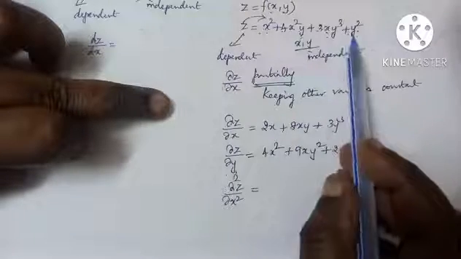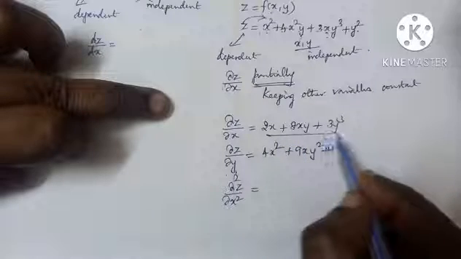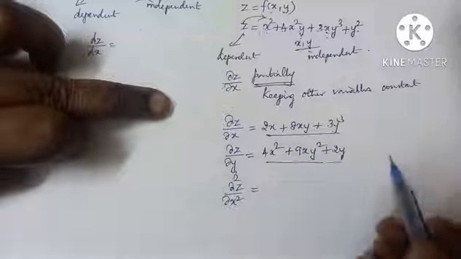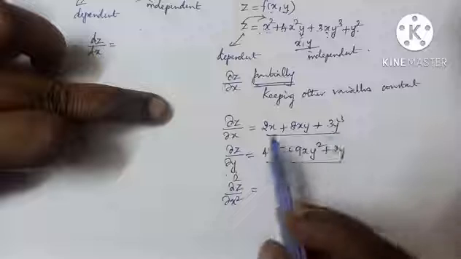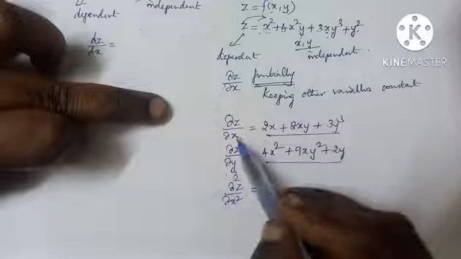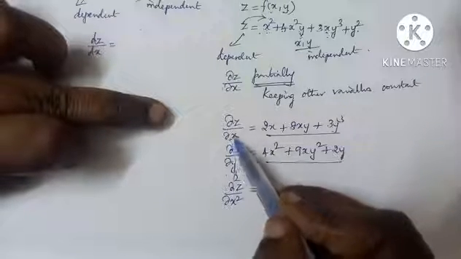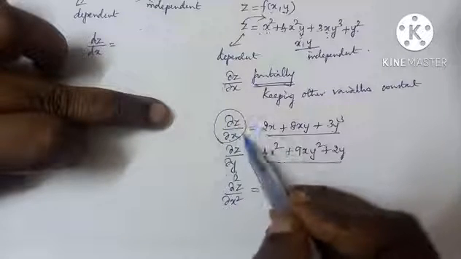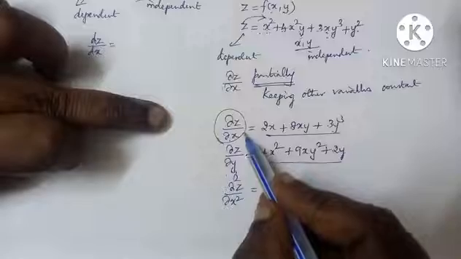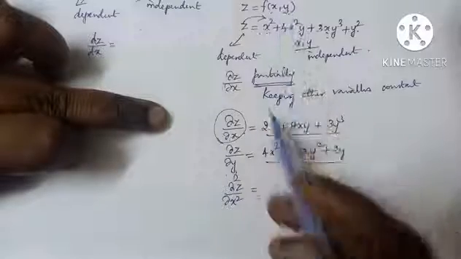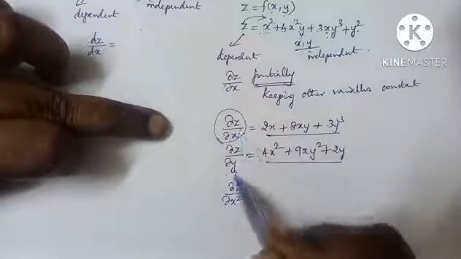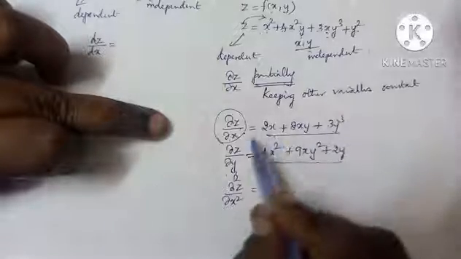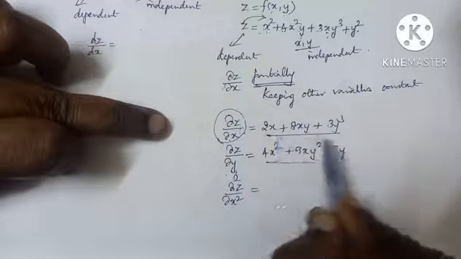When z is a function of x and y, the derivatives are also functions of x and y. So what we do is, seeing dou z by dou x, we assume ourselves it is a function of x. No. When z is a function of x and y, the partial derivatives are also functions of x and y. Dou z by dou x is a function of x and y.